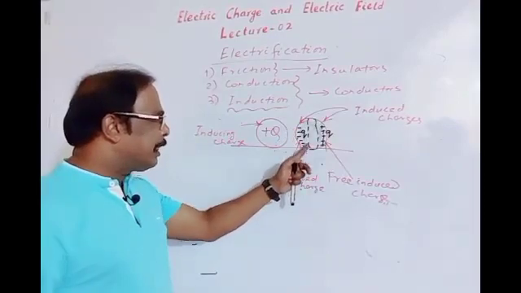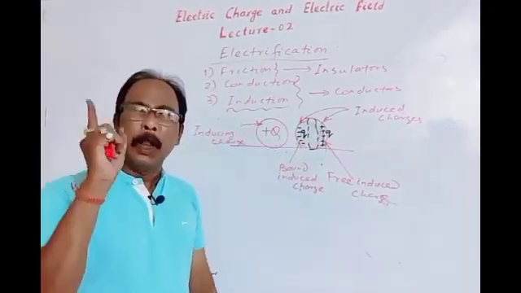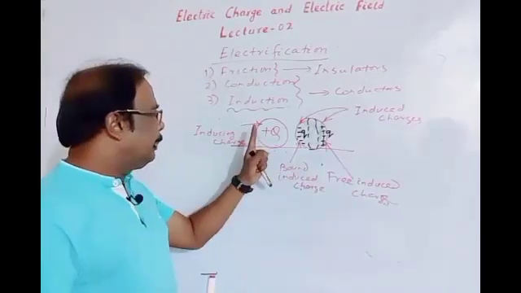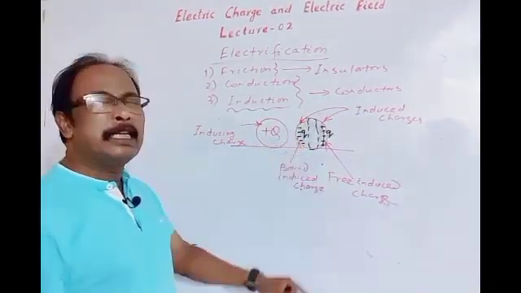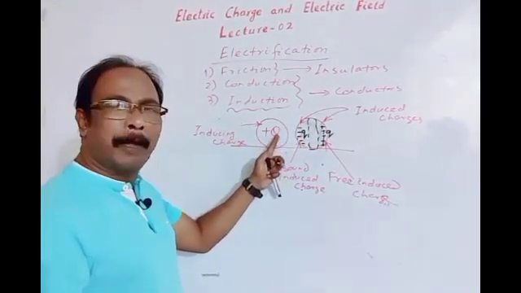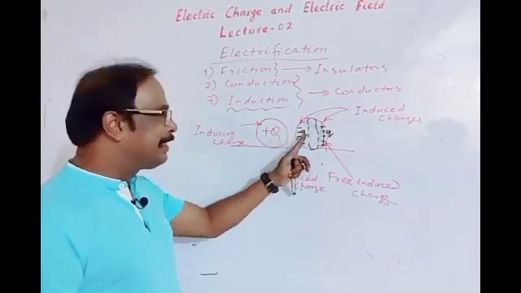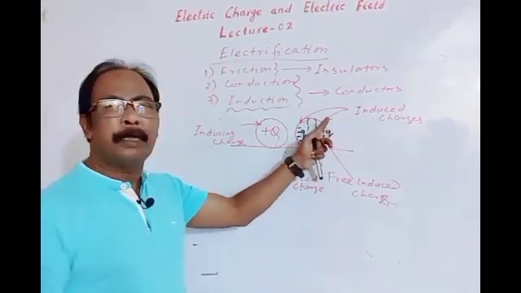This charge is called bound induced charge. Why? So long as the inducing charge is present, this opposite charge is bound to stay, because this charge is attracted by the opposite charge. So this charge is bound to stay. But this charge is not bound to stay.